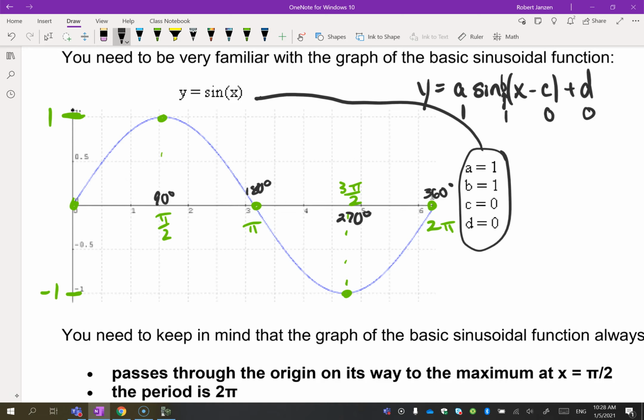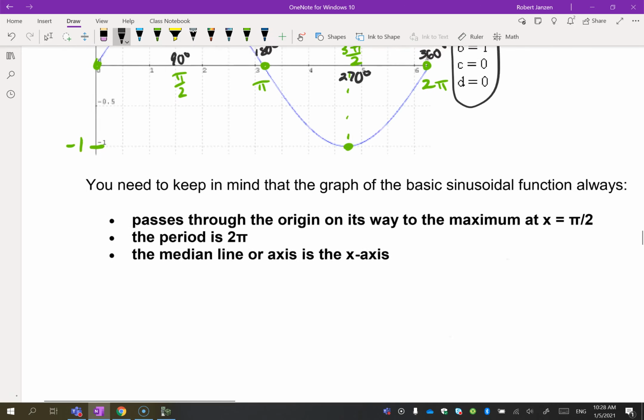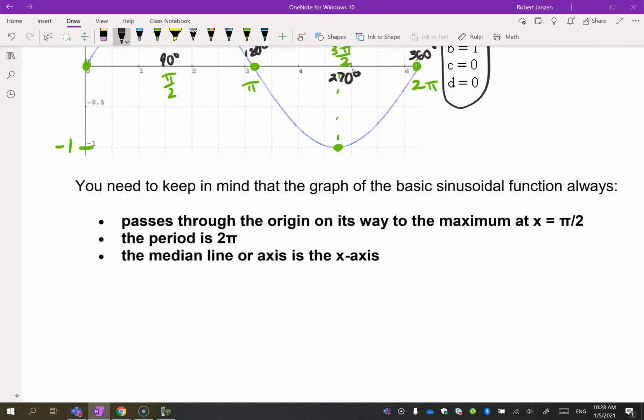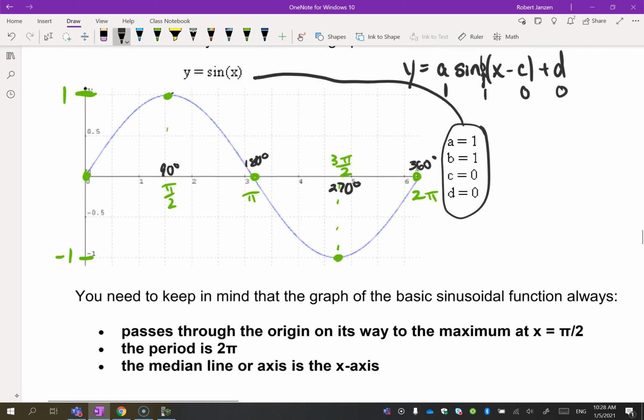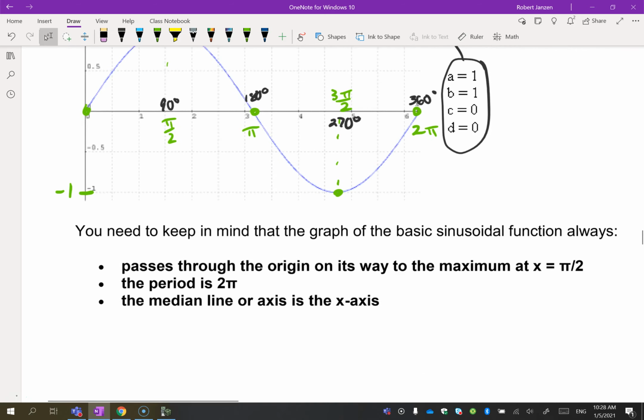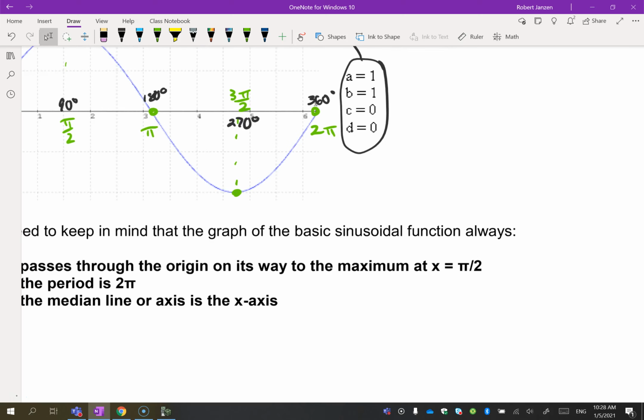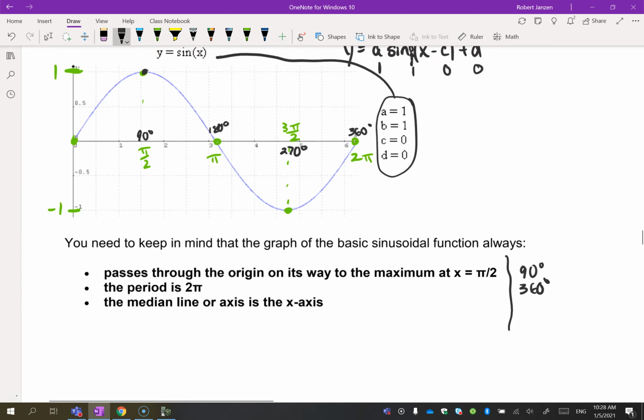You should know that. Keep in mind, in a sinusoidal graph, it passes through the origin on its way to a maximum. That's what we're looking at here. This is the maximum. It has a period of 2 pi, has a median line or the x-axis. This could also have a maximum at 90 degrees, has a period of 360. Okay, that means the same thing.